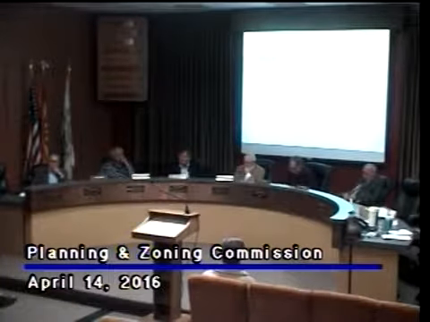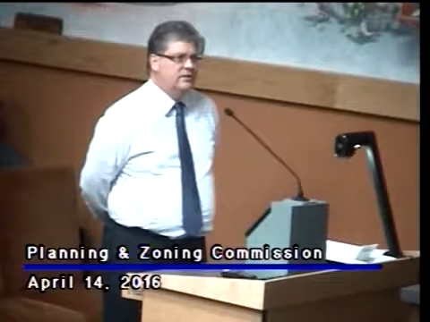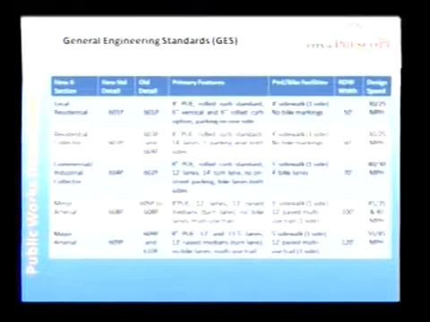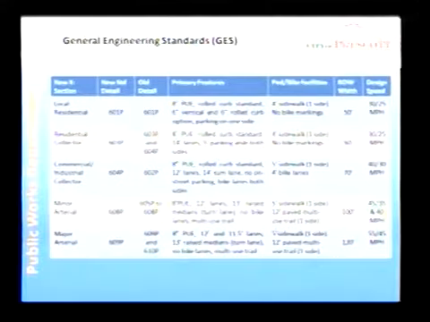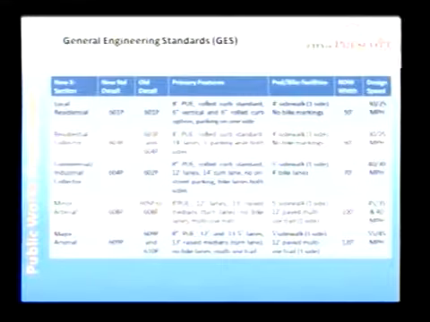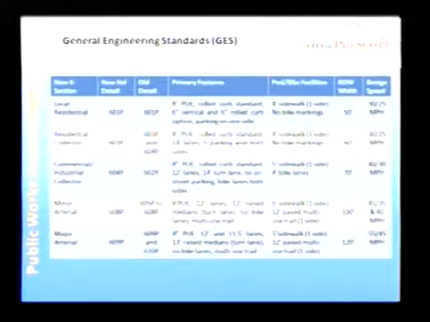Here basically is a chart looking at the different types of roadway sections, with the new detail and the old detail. Basically local residential is going to be 50 feet of roadway width, for a residential collector 60, commercial industrial 70, minor arterial 100, major arterial 120.